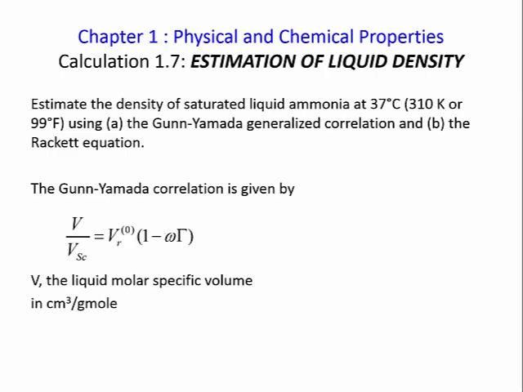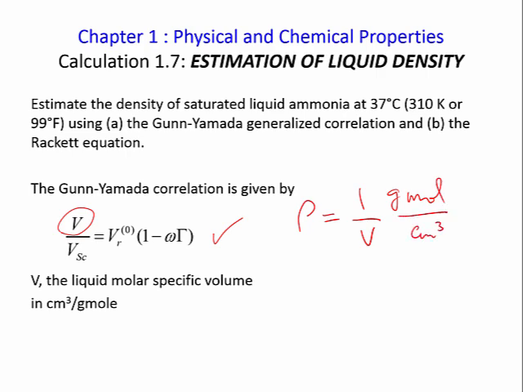The Gunn-Yamada correlation is given by this equation, where V is the liquid molar specific volume in cm³/gmol. If we can calculate V from this equation, then the liquid density would be rho equal to 1 over V in gmol/cm³.